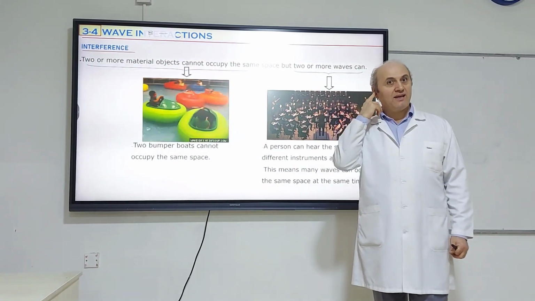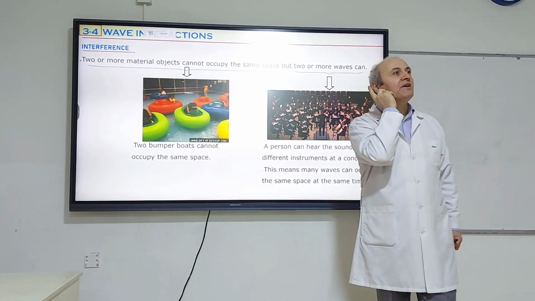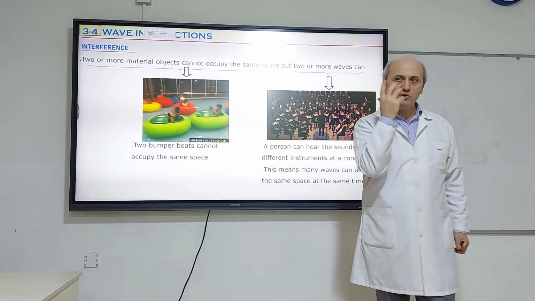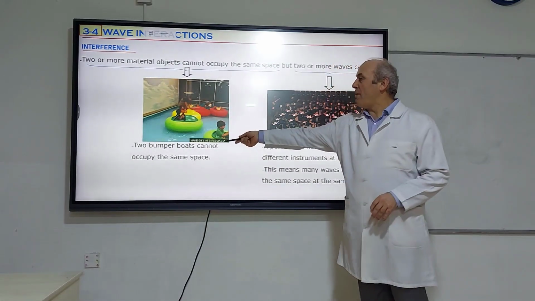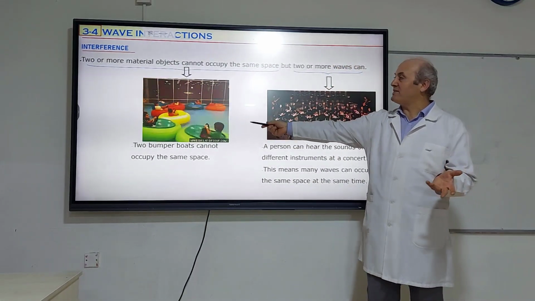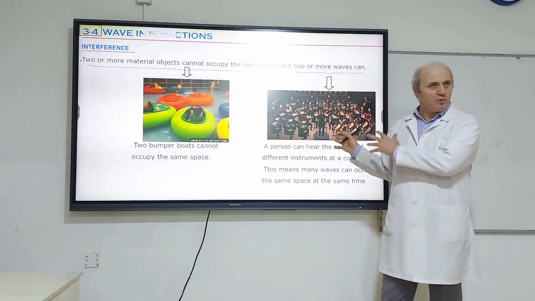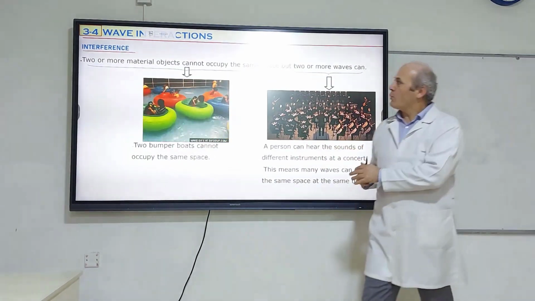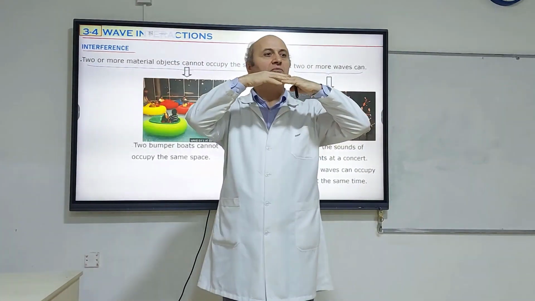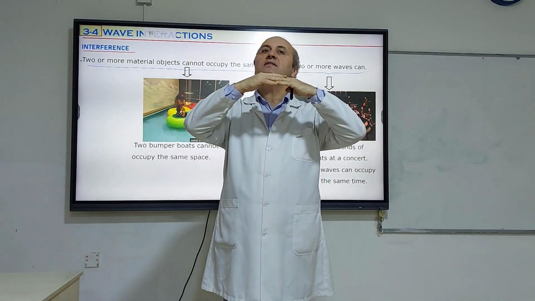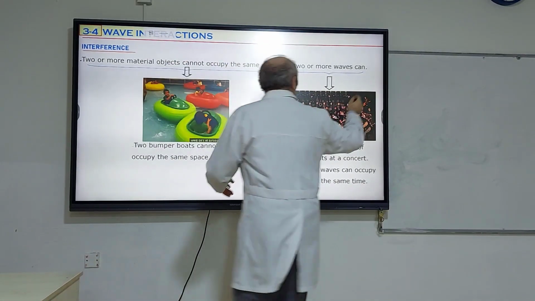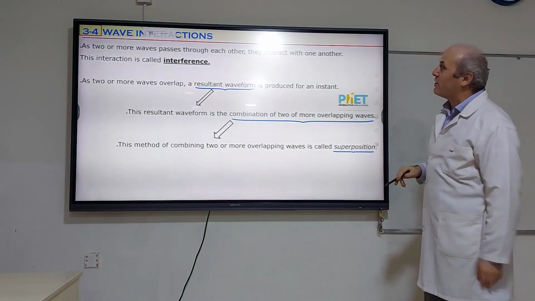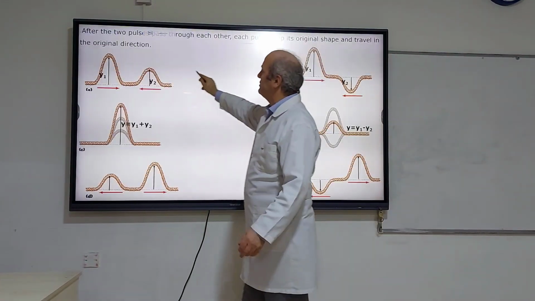Waves come and vibrate our eardrum at the same time, which makes the sound. So two bumper boats and metal objects cannot occupy the same space, but waves can. When two waves come across each other, they will pass through each other without any change. This interaction when two waves come across each other is called interference.